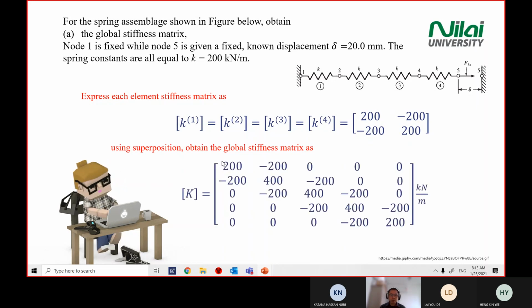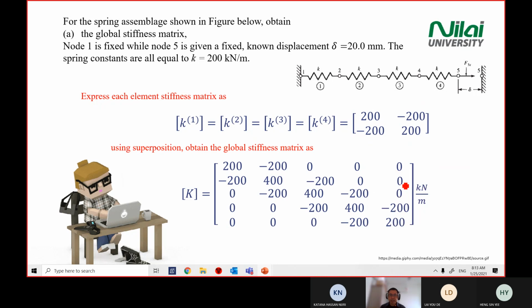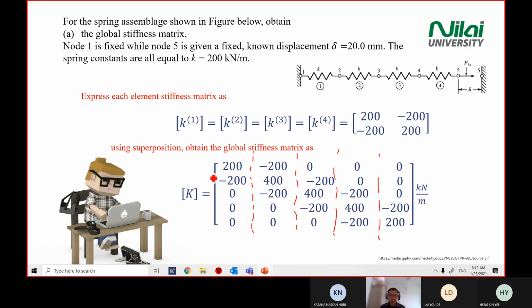So you put it into this form. We already covered the steps in the previous lecture. Again, you can use your pencil to break the matrix into the respective locations.